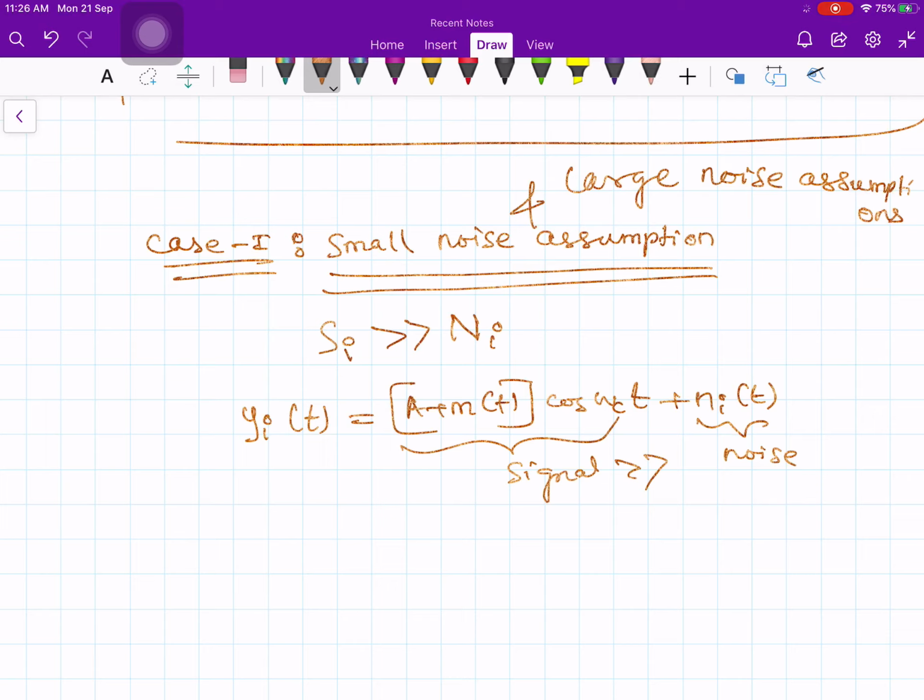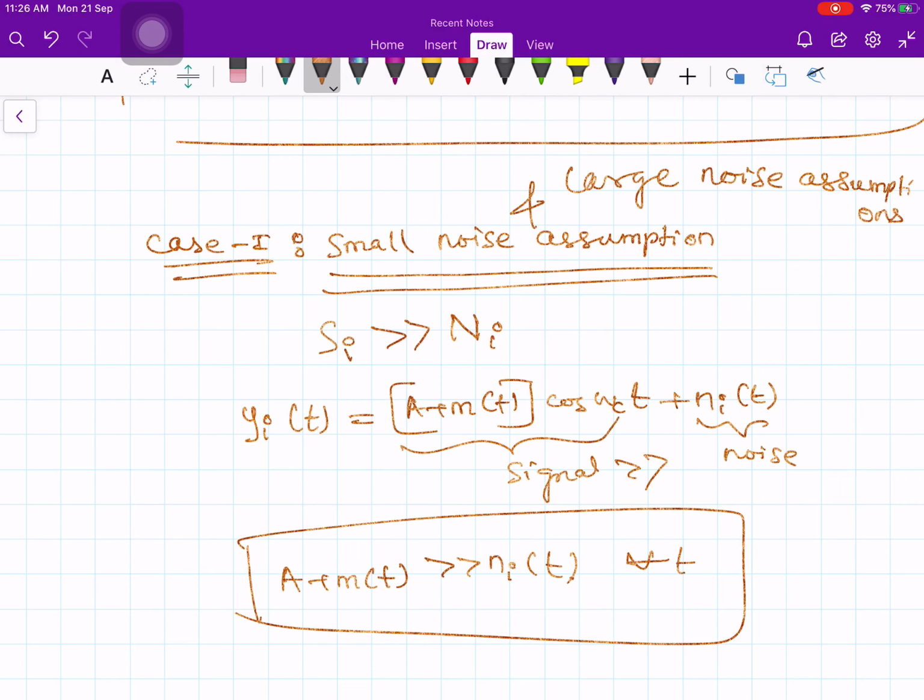So the small noise assumption will imply here that A plus m of t is much greater than n_i of t for all time. So this is a condition for the small noise assumption. Although this n_i of t is actually random, making this kind of statement is a loose statement, but I think at this stage it is convenient.